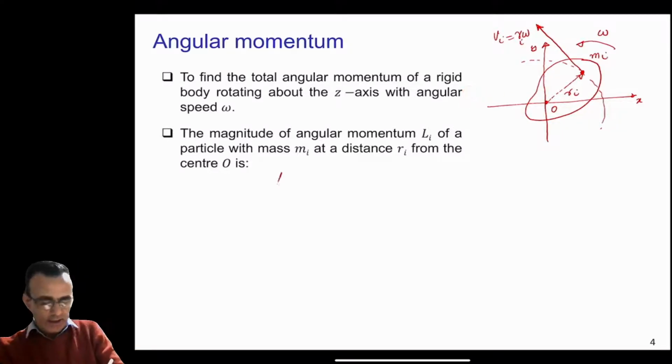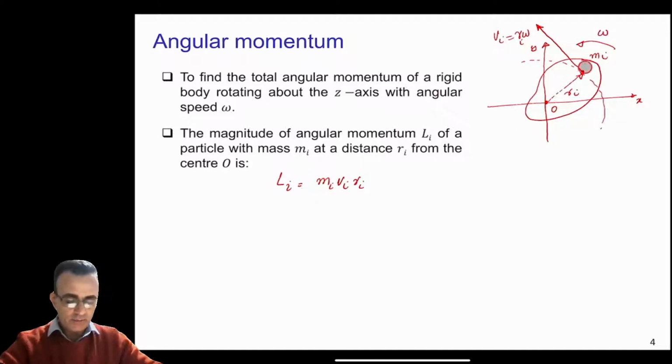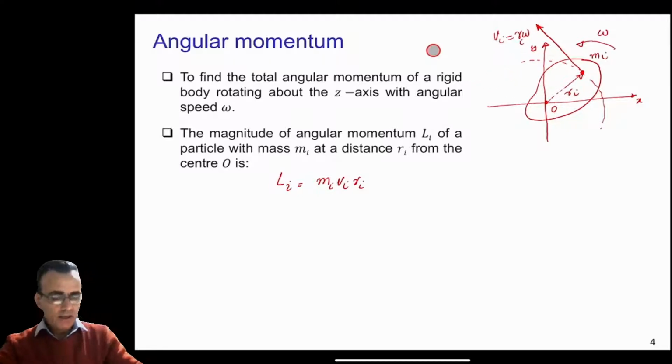So Li can be written as, we know that the momentum is mi vi, and then you multiply with ri. This is the angular momentum of a particle mi rotating about this fixed point here. Now we know that the velocity is ri omega.